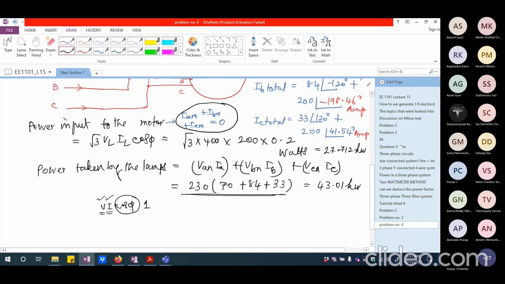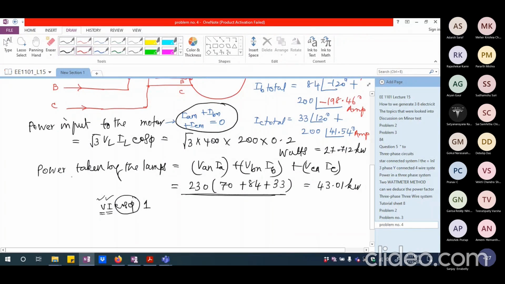Had there been some cos phi value and it had been different in different phases, then I could not have done this so easily. Because it is resistive load, I could simply add that. Got it? Ma'am, here there was cos phi, right? 0.2, but that was only for the motor.